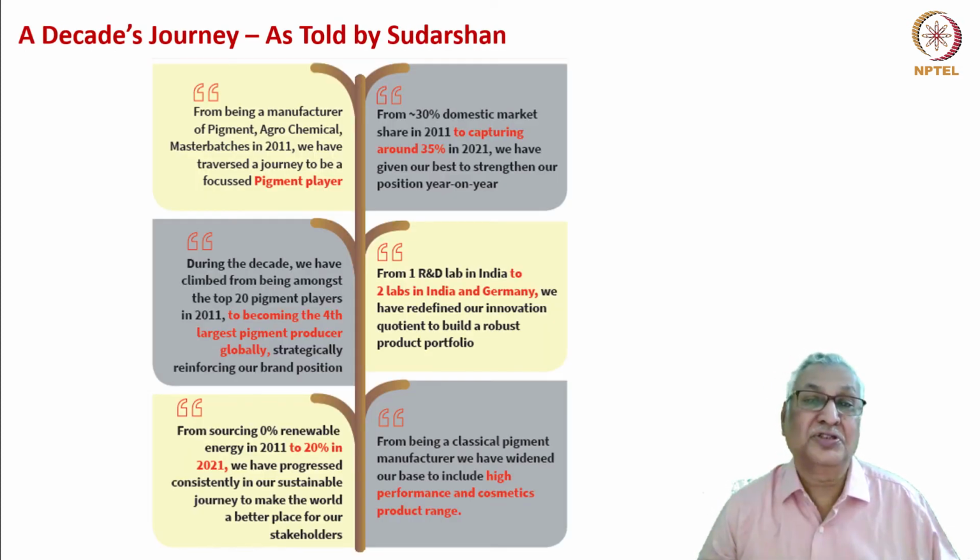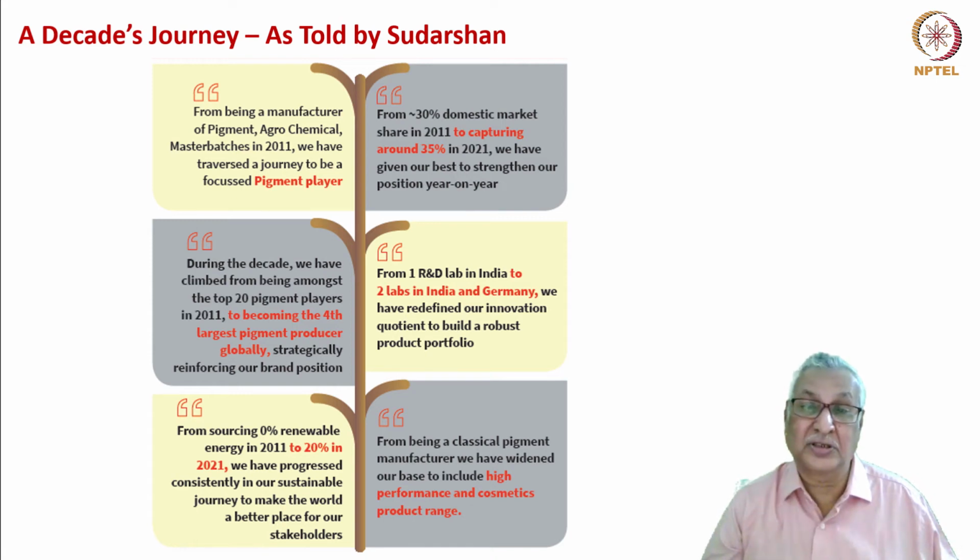So, how was the decade's journey? And this is as told by Sudarshan. From being a manufacturer of pigment agrochemical master batches in 2011, we have traversed a journey to be a focused pigment player. From a 30% domestic market share in 2011 to capturing around 35% in 2021.